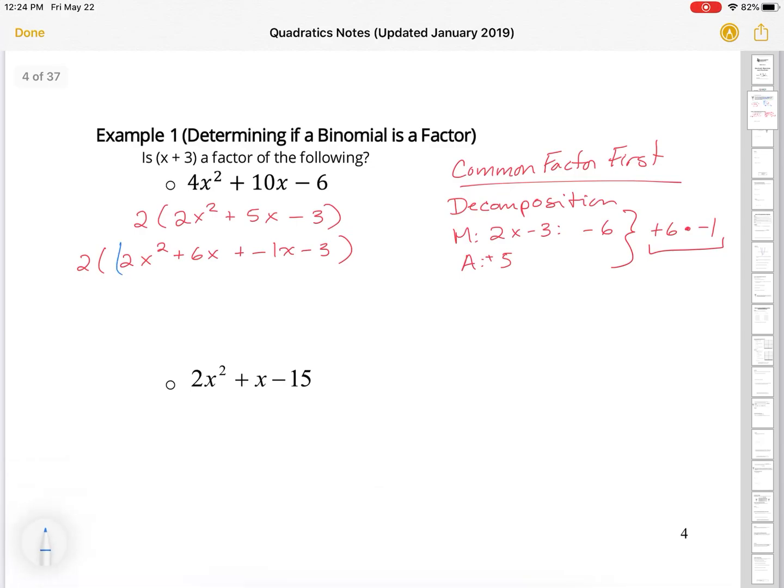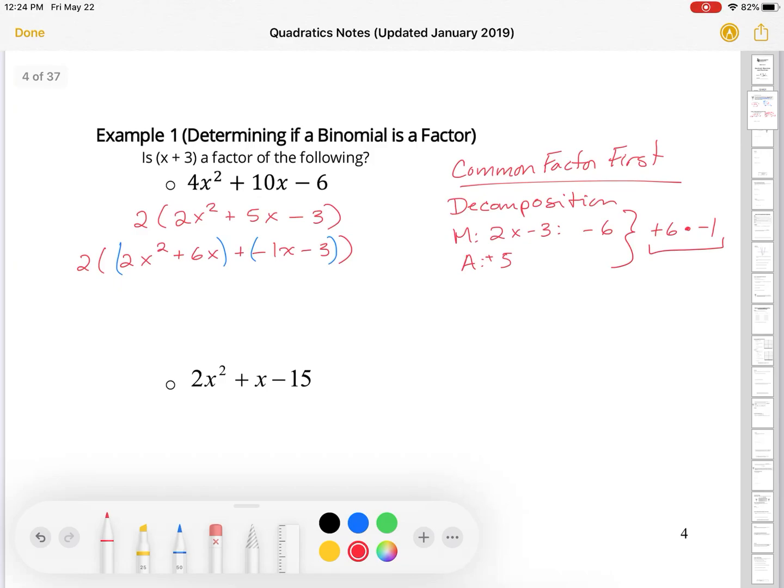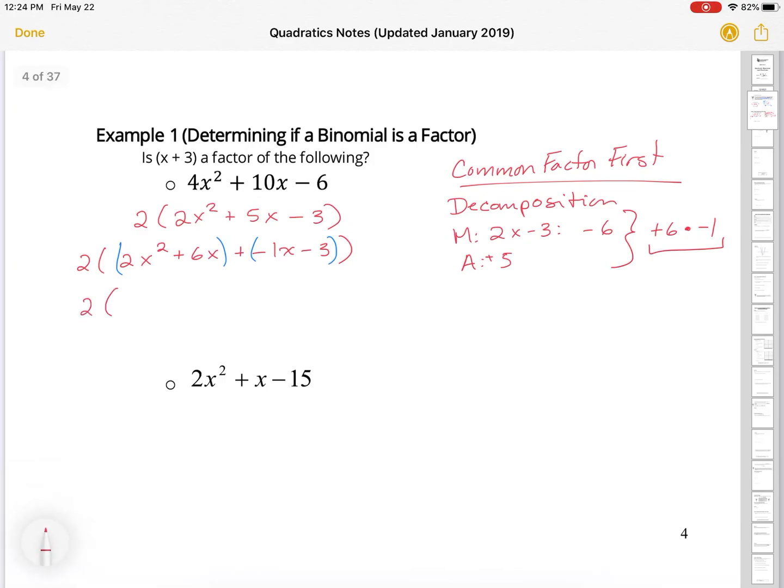Now I'm going to group and I'm going to factor. Be careful with your brackets because I've got that common factor there. So here I can factor out a 2x and I'll get x plus 3. And here I can factor out a negative 1 and I'll get, oh sorry, this is x plus 3.